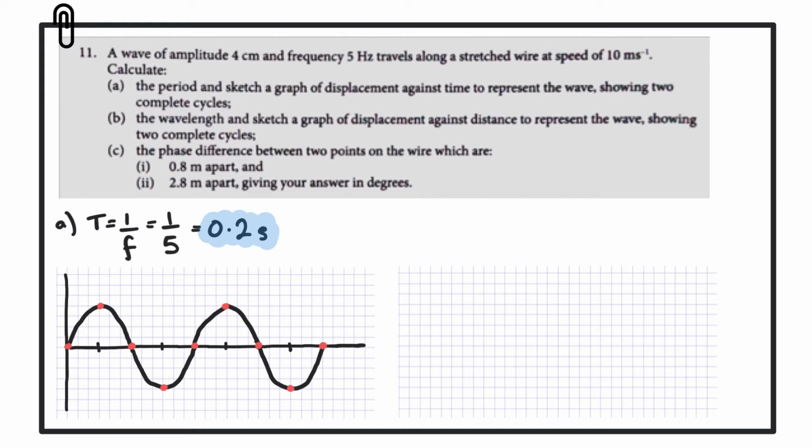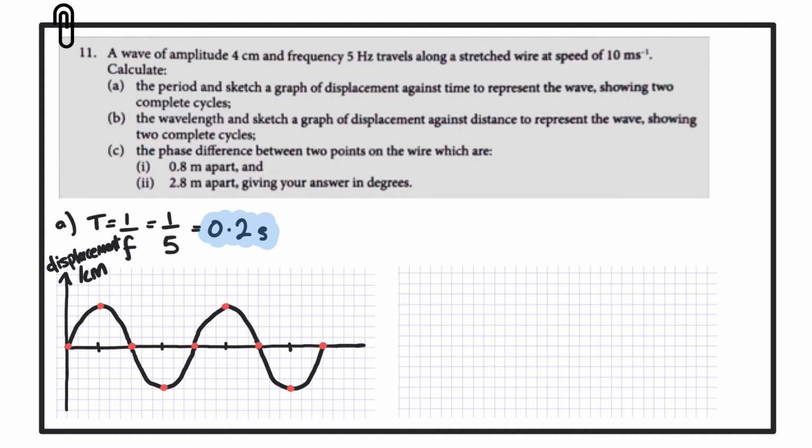We need to now add on information to this diagram that we've worked out and information from the question. So we are showing displacement against time. So displacement is here on the y-axis, and that displacement is measured in centimeters. So we'll do displacement / centimeters.